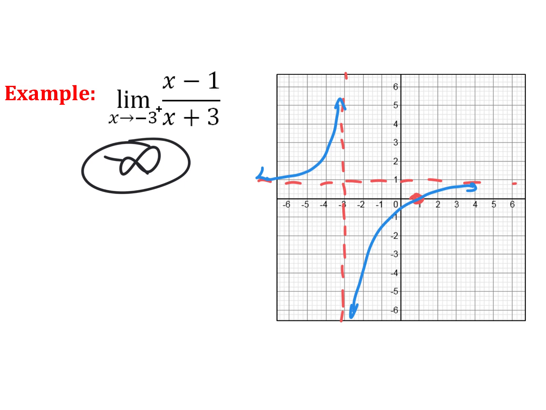Well, let's do that now algebraically. I need some number that's just barely to the right of negative 3. I'm going to say negative 2.9. I won't even go a whole bunch of nines, just 2.9.